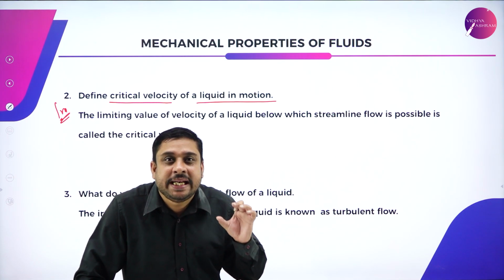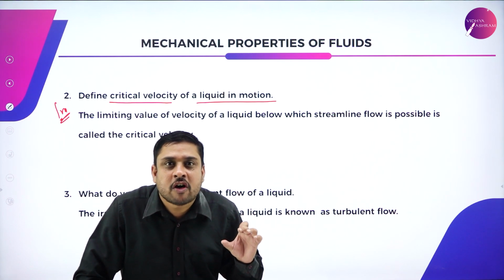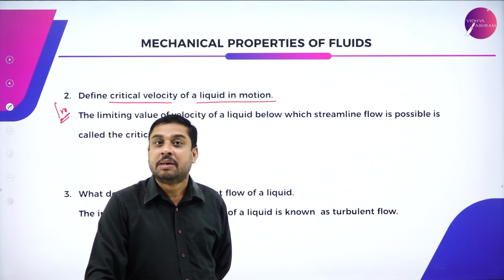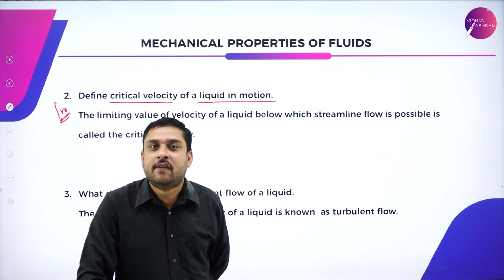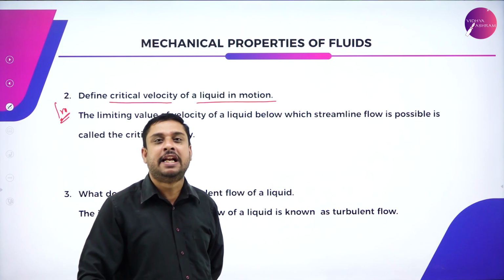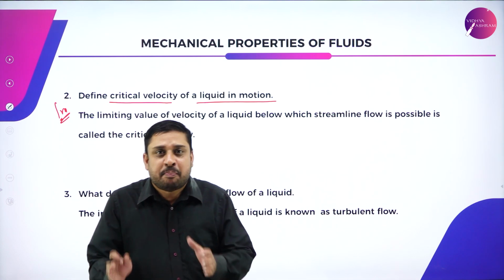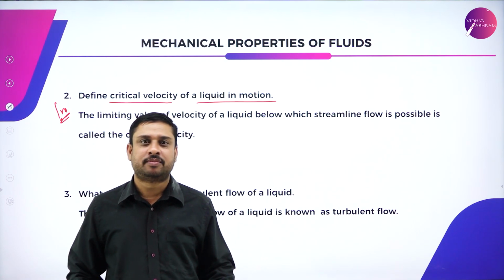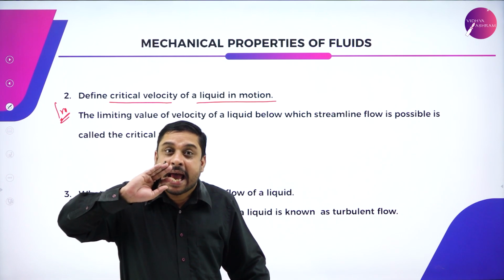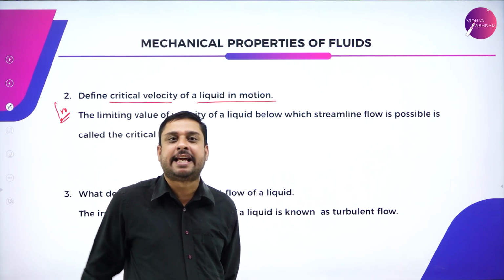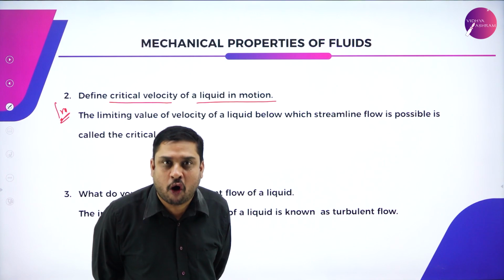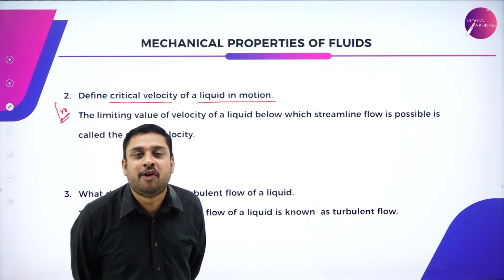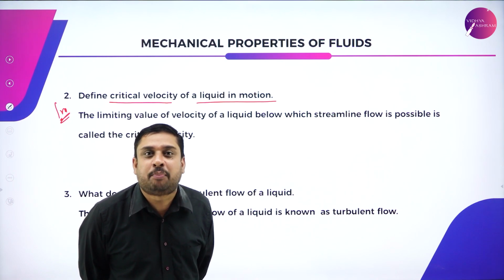It is the minimum velocity of a liquid below which there is streamline flow, or I can say above this velocity called critical velocity, the streamline flow is broken up.